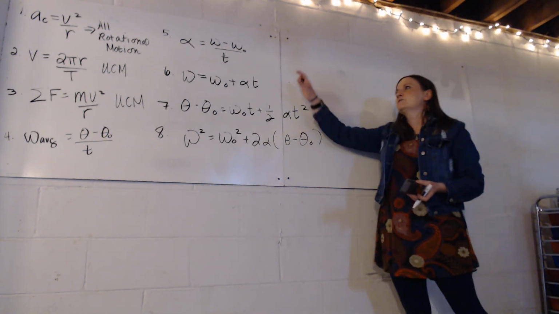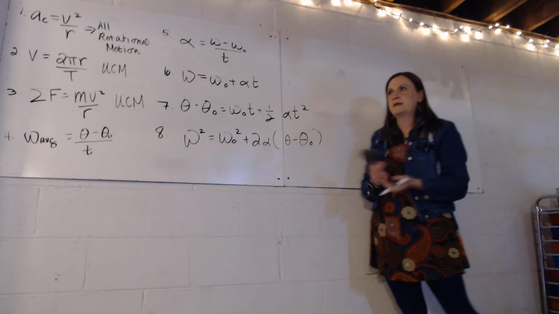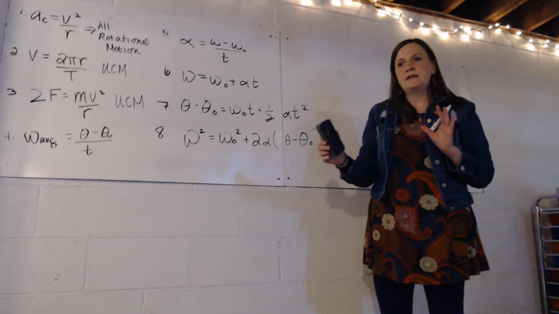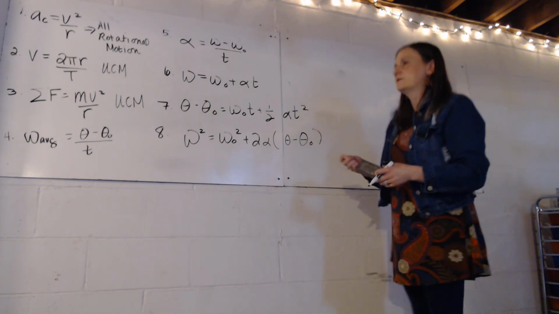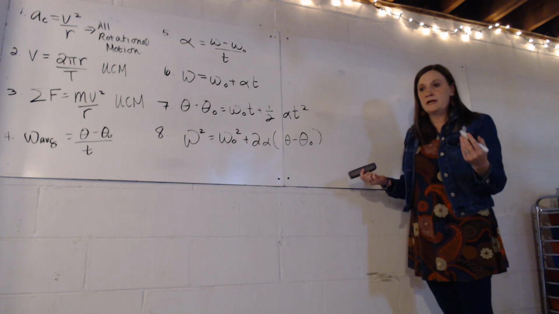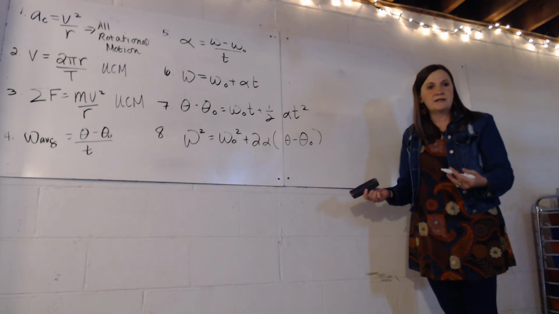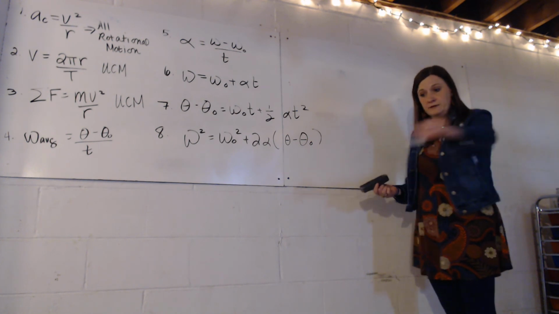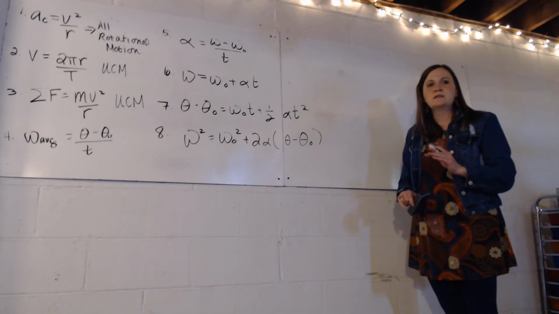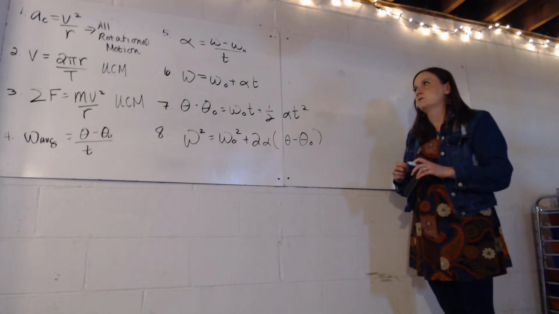And then the final thing when we were talking about rotational kinematics is that there's always this link between the linear quantity and the angular quantity. And I spent a little while talking about that. So if something is going around in a circle, I can say it's going however many revolutions or radians or degrees per second, but I can also say it's still going, let's say, 2 meters every second or whatever it is. And so sometimes it is helpful to go back and forth between the linear and the rotational quantities.